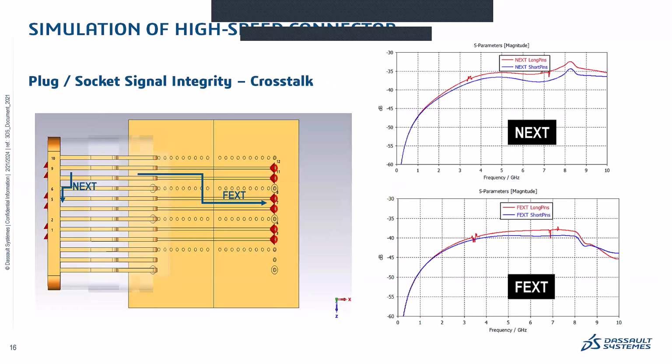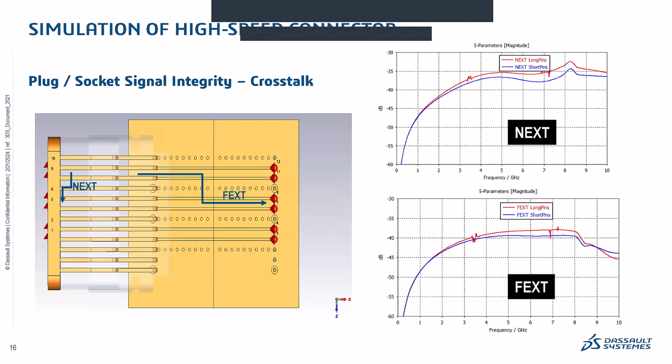Another thing that is very important from a signal integrity point of view is crosstalk. In this connector, we have several differential pairs for high-speed signaling, and one of those pairs may be used for transmit, another one for receive, and another one for data.